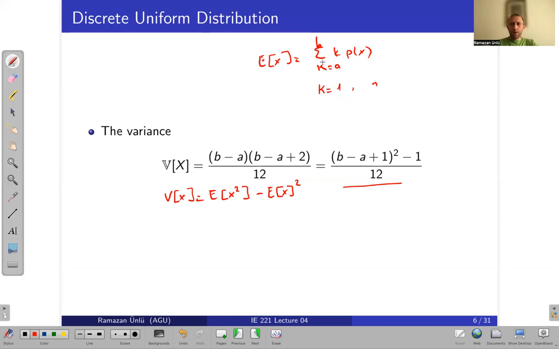So how can I open this summation? It's 1 over n, because it is constant, times the sum of k. And what is the sum of n integers? It is n times (n plus 1) divided by 2, right?